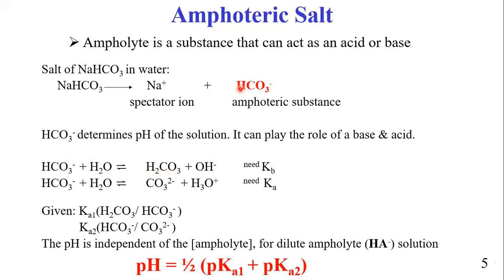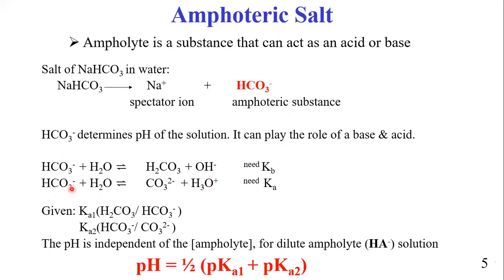So it still has an H, which can be donated to water. And so this HCO3- has an H, which can be donated to water, becoming CO3 2- and H3O+. A little bit later on, we're going to talk about these diprotic acids. But now I want you to see this as some material that has a negative charge and that has an H. And if it has a negative charge and it has an H that can be donated, then this is an amphoteric substance.